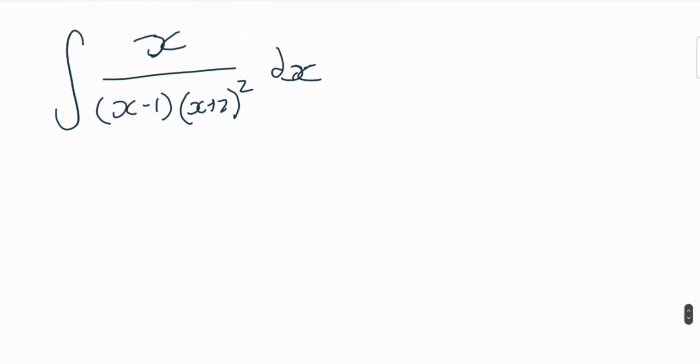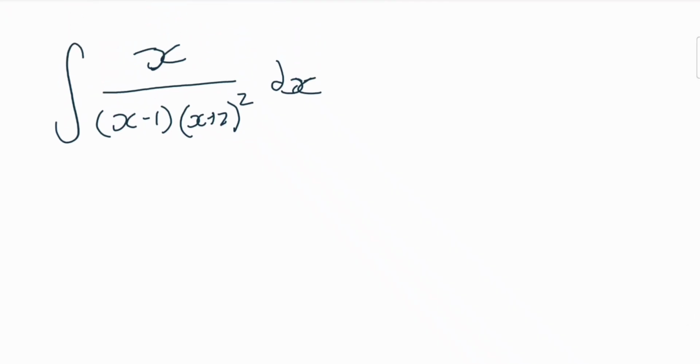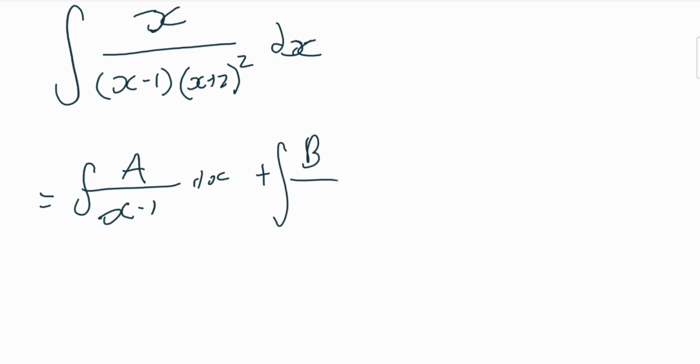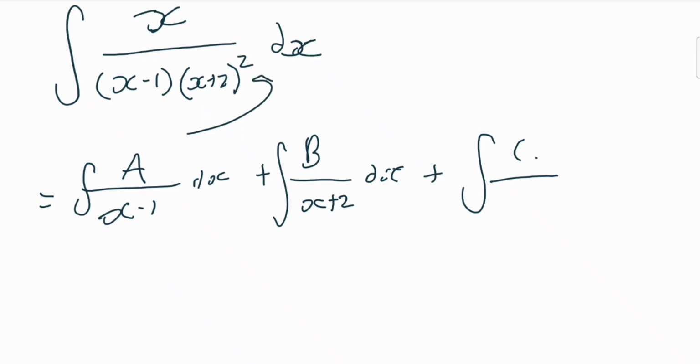Okay, so the way we do this is we turn it into partial fractions again. So this is actually going to look like the integral of x over... we can actually go straight to the partial fractions. So the way we do this is the integral of a over x minus 1 plus the integral of b over x plus 2 plus the integral of c over x plus 2 squared, right?